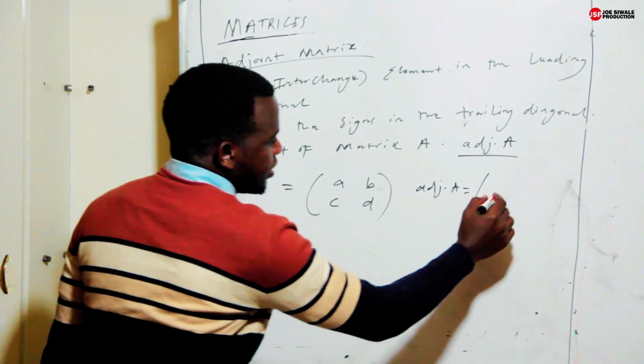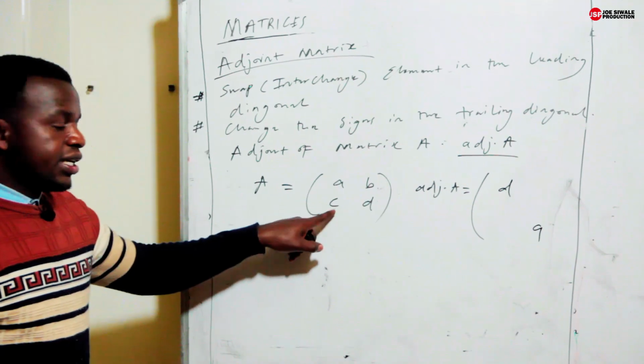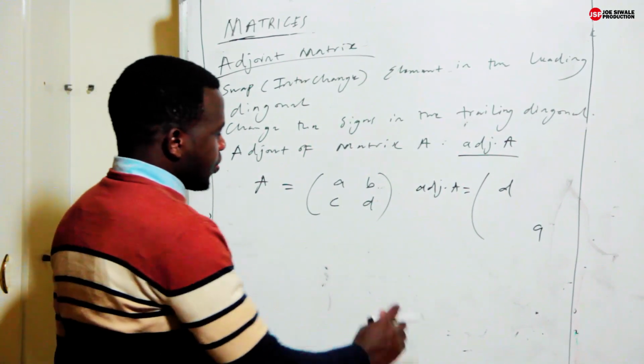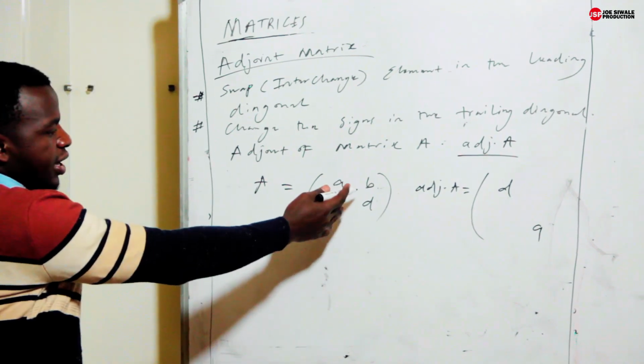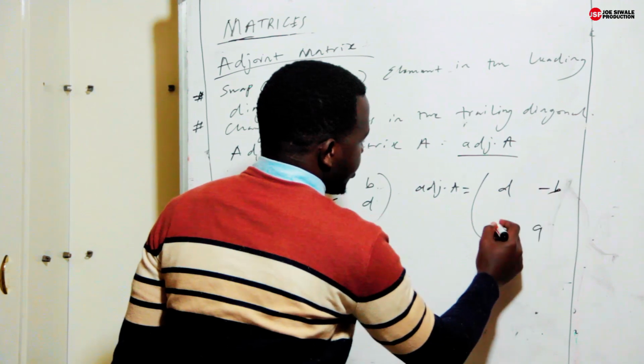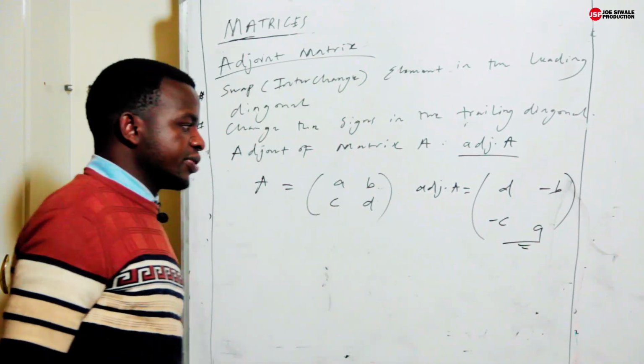So we are going to have d here, and we're going to have a here. Then we are going to change the signs in the trailing diagonal. So c and b are positives, so they're going to be changed to negatives. So negative b and negative c. So this is going to be your adjoint.